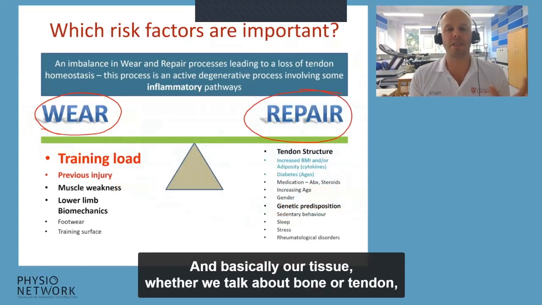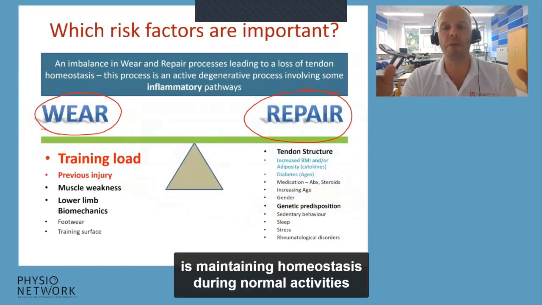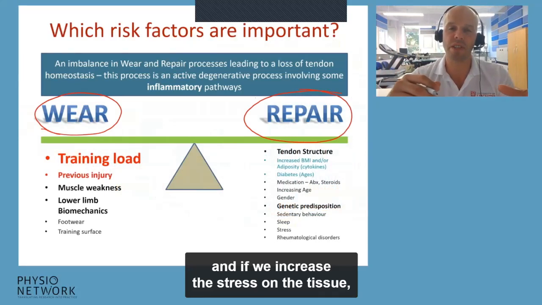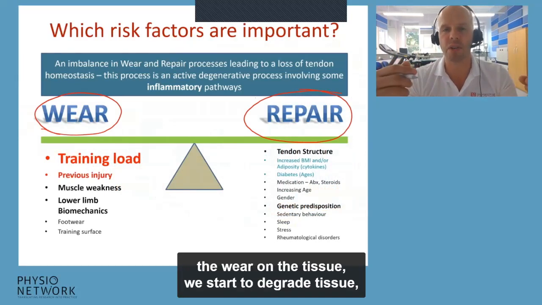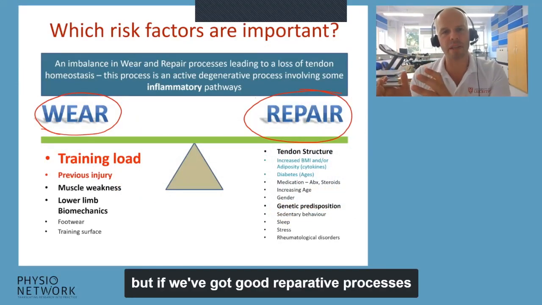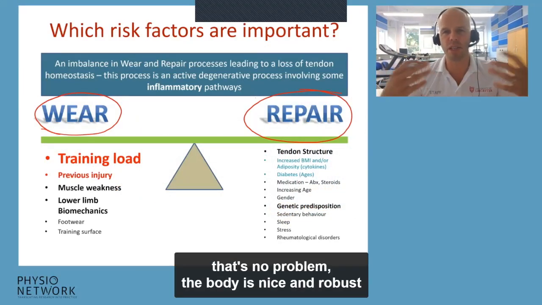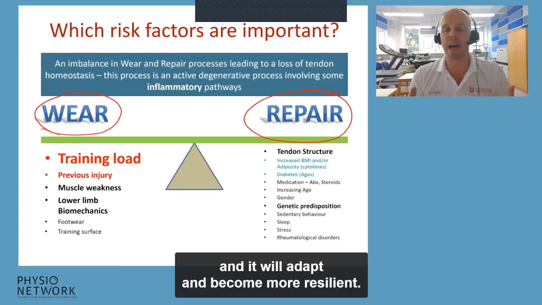And basically our tissue, whether we talk about bone or tendon, is maintaining homeostasis during normal activities. And if we increase the stress on the tissue, the wear on the tissue, we start to degrade tissue. But if we've got good reparative processes, that's no problem. The body is nice and robust and it will adapt and become more resilient.